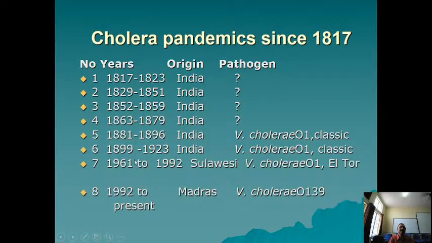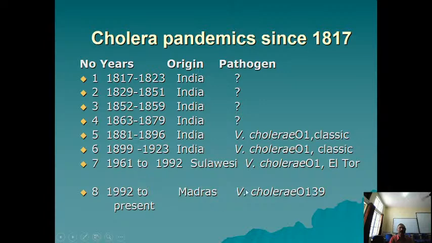If you look at the various pandemics, 1817 to 1823, started in India. 1829 to 1851, India, all the way through. We do not know what the pathogen was. It was cholera, but we do not know which pathogen because the subtypes were not made out earlier. Later on, in 1881, we came to know that classical cholera was responsible for the 5th and 6th pandemics, 1881 to 1899. For the 7th pandemic, there was a large gap from 1923 to 1961.